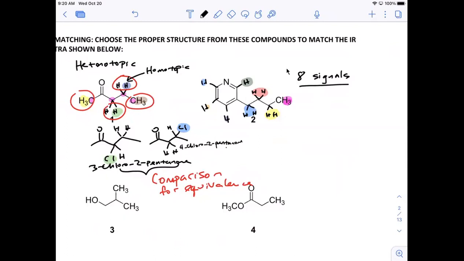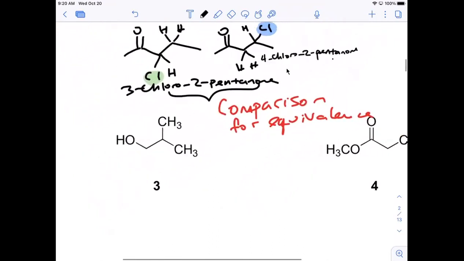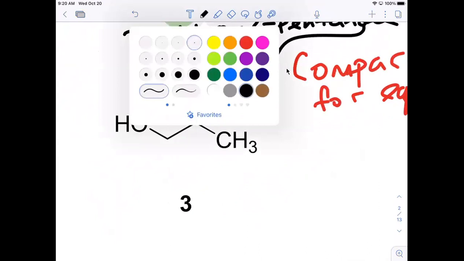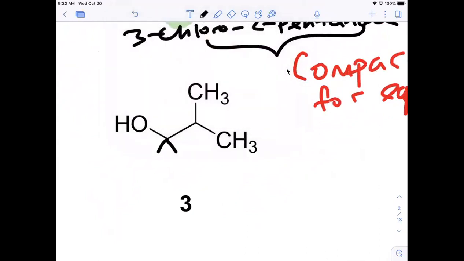All right, let's go to the next one. What do you think? I got hydrogens here. I got one here. And then what do you think about those CH3s? Is there some symmetry there?